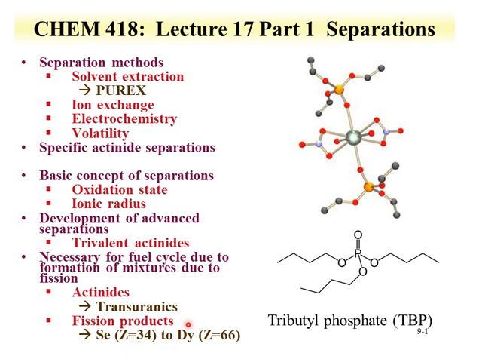A number of lanthanides have high neutron capture cross-sections in a thermal neutron reactor. These lanthanides can absorb neutrons, preventing the fission of the actinides in the reactor process. So that's one of the driving factors for the separation of the actinides from the fission products.